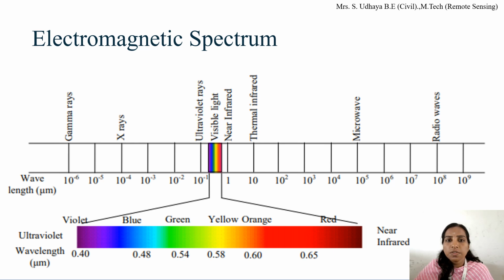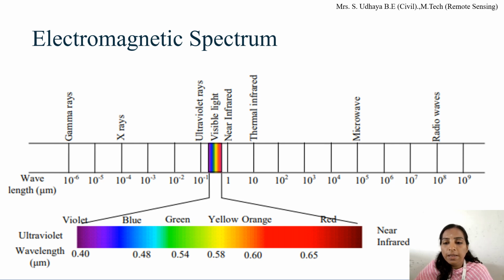In this image, we can see the electromagnetic spectrum and its different regions, starting from the smallest wavelength, gamma rays and X-rays, which have very small wavelengths in micrometers. Gamma rays have a wavelength of the order of 10^-6, very small, and X-rays are in the range of 10^-4. Then the ultraviolet region is named so because it is located very near to the violet region of the visible spectrum.